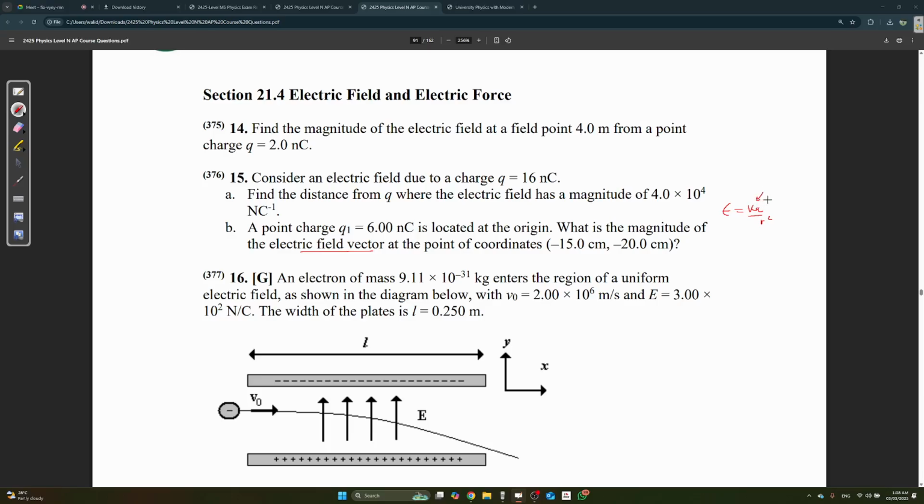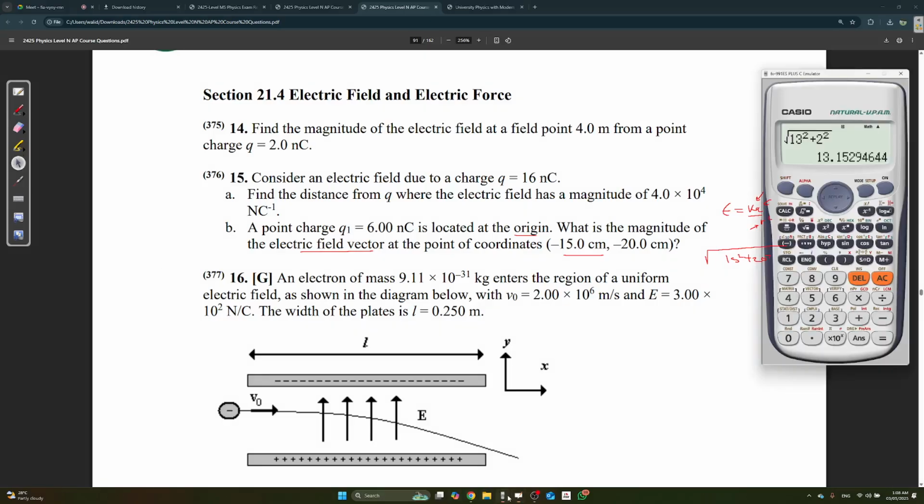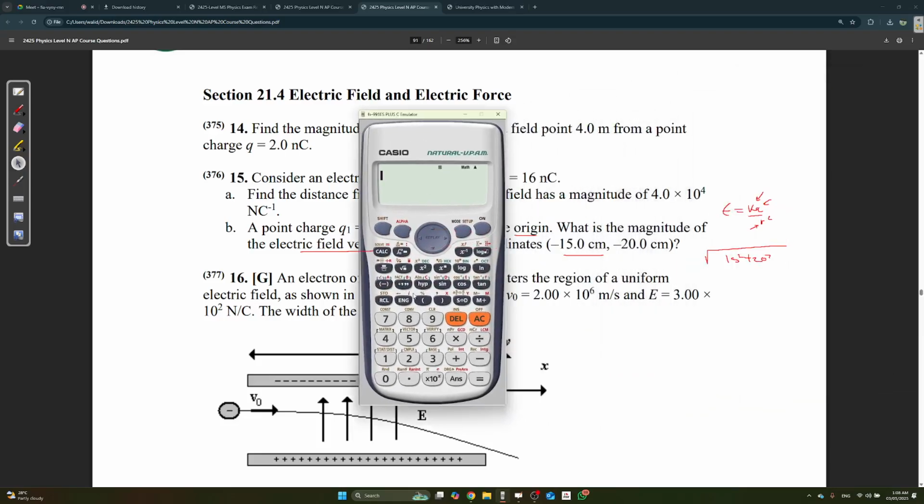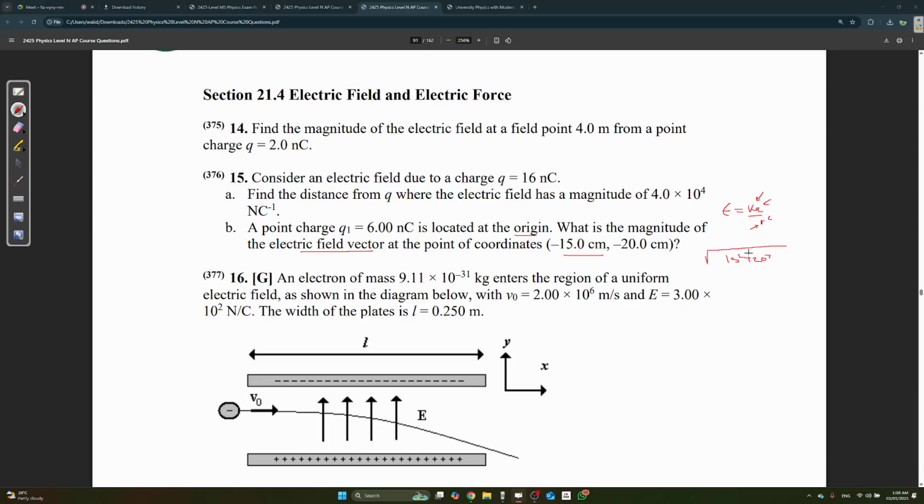So we have k, it's a constant, q is a given charge, we just need to find the distance. They give us the point, so you can easily find the distance. Since you're starting at the origin, the distance will just be root of 15 squared plus 20 squared. Remember, the formula for distance is root of x2 minus x1 squared plus y2 minus y1 squared. But since x1 and y1 are both 0, you can just write it like this. So root of 15 squared plus 20 squared, you get 25. So r is equal to 25.